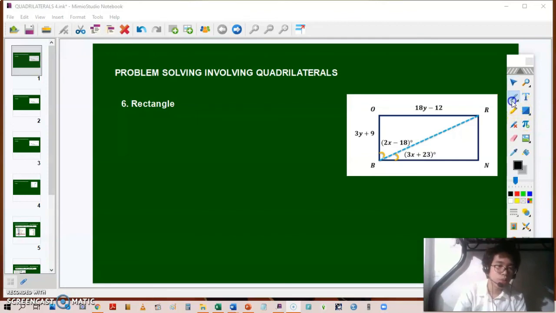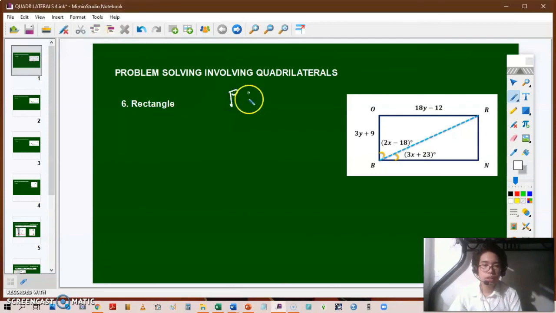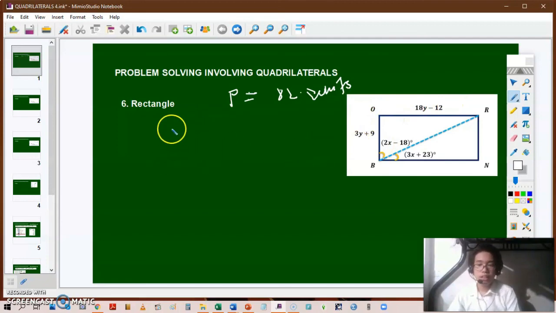Let's say the perimeter for this rectangle is around 82 units. So let's try to find the value of x and the value of y, and also the side measurements, which are side OR and side OB.